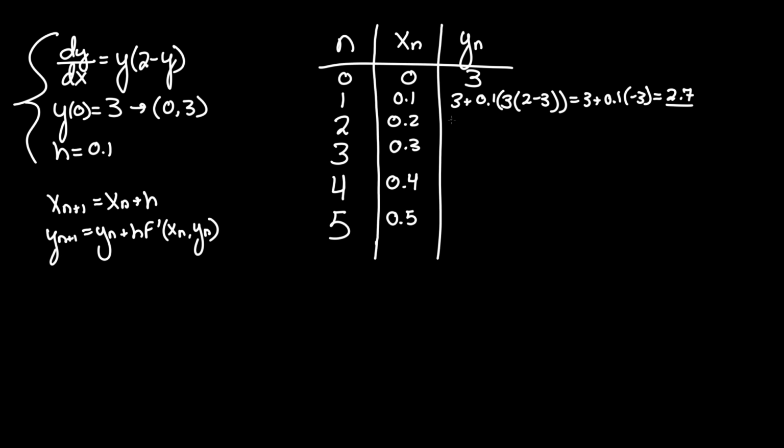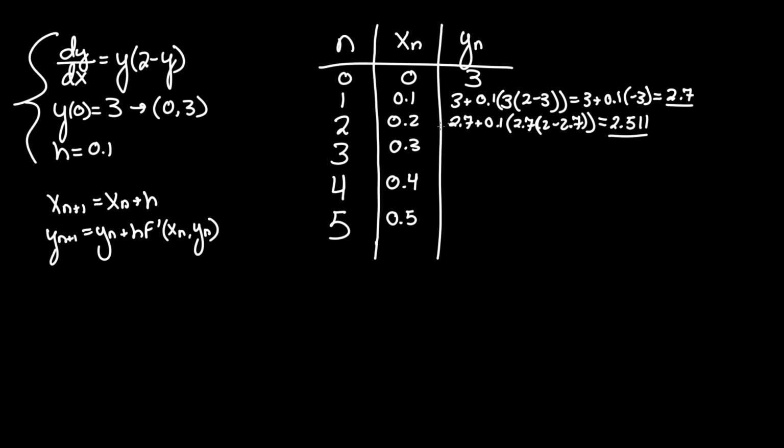Moving on, we now take y of 2, which is equal to y of 1, 2.7, plus h, 0.1, times now y of 1, which was 2.7, times (2 minus 2.7). And I'm just going to do this out in the calculator, where this gives you 2.511.